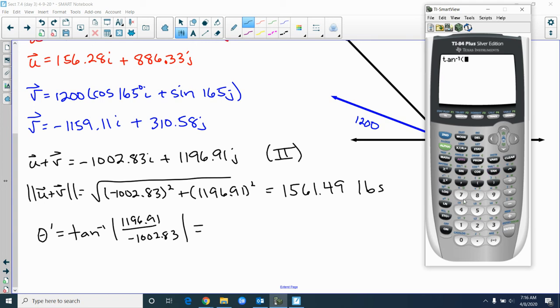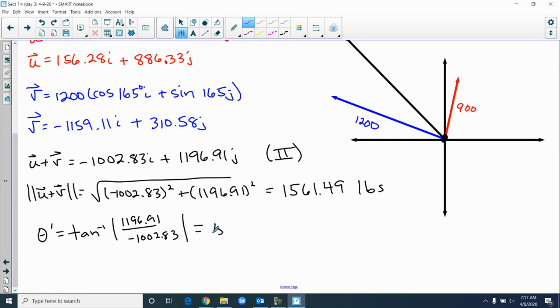So inverse tangent of 1196 divided by 1002.83, and I get 50.02. Is that right? Oh, I didn't put 0.91 on there. So inverse tangent of 1196.91 divided by 1002.83 is 50.04. All right, a couple hundredths.